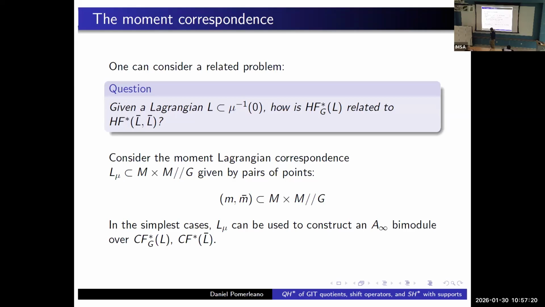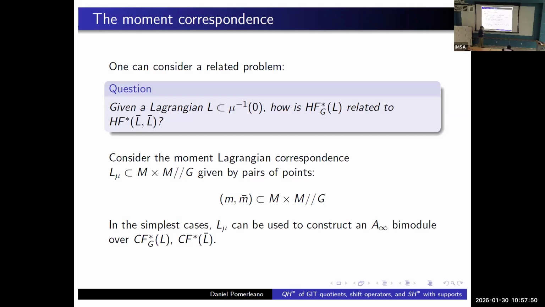So there's a moment correspondence, and that's just given by points in M cross M mod G, such that the second coordinate is the reduction of the first, and that's a Lagrangian submanifold.